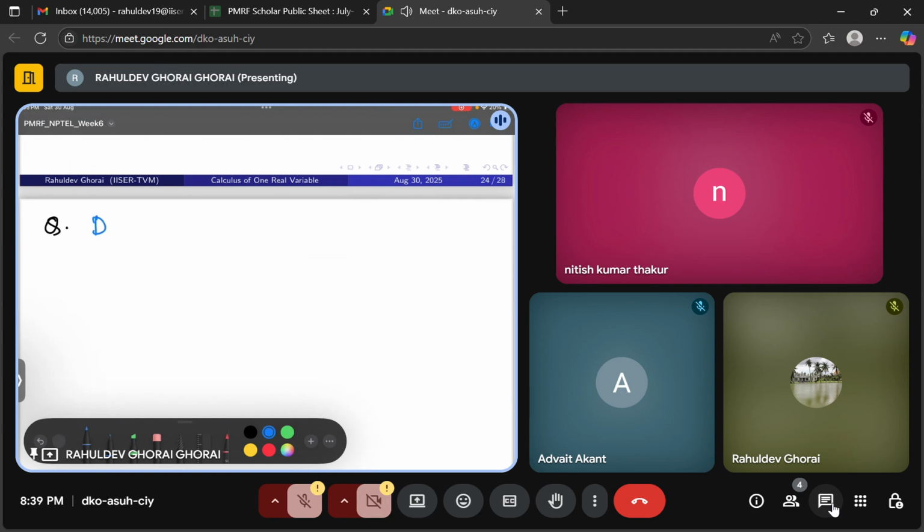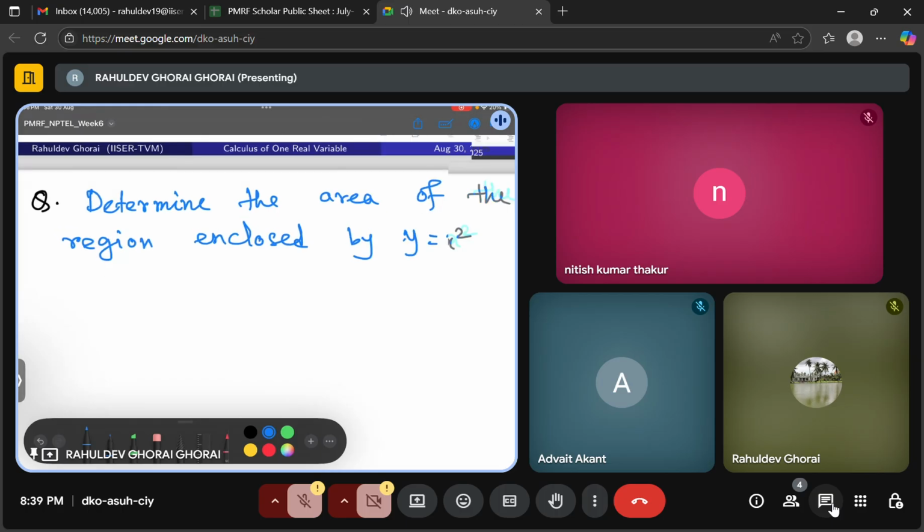Determine the area of the region enclosed by y is equal to x square and y is equal to square root of x.